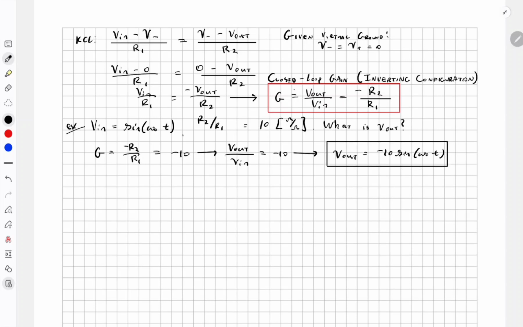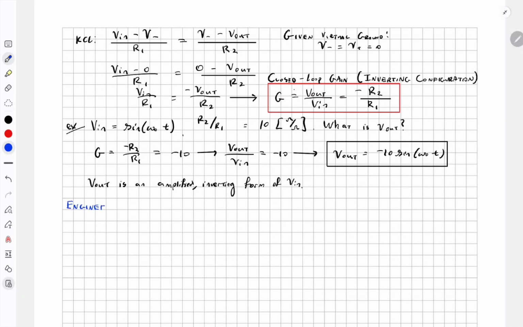As we can see, V out is an amplified, inverted form of V in. That's why we call this the inverting configuration, because it inverts the output. Now, I just want to make an observation for engineering.